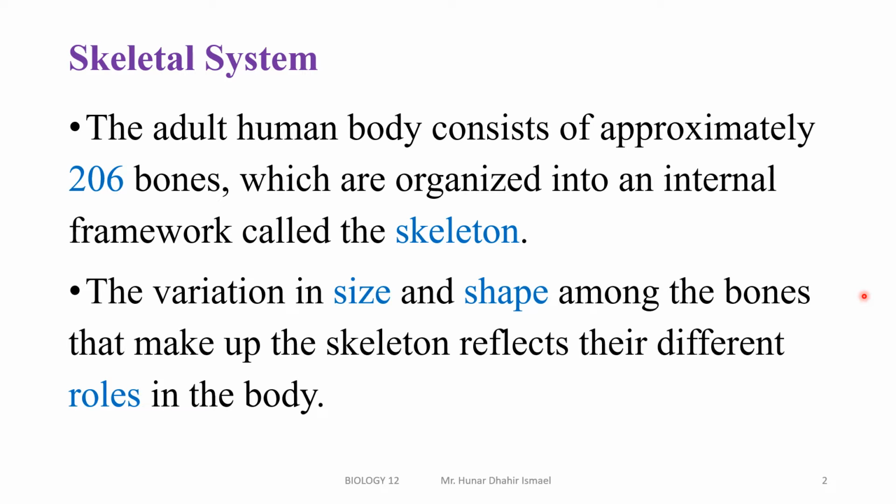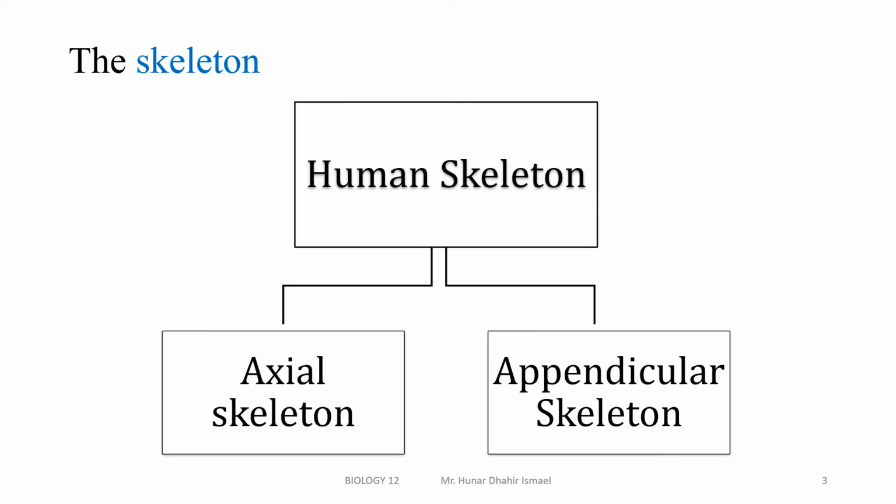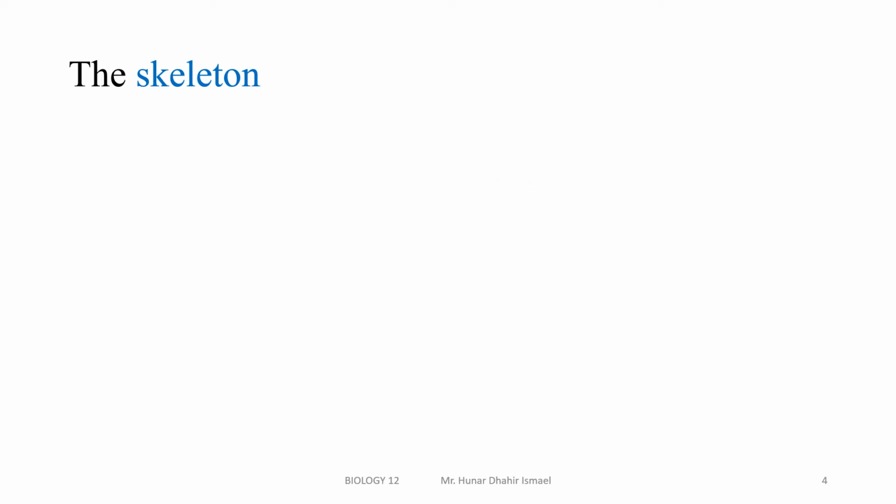The variation in size and shape among the bones, so we have different sizes and different shapes of bones that make up the skeleton, reflects their different roles in the body. So the size and shape reflect the function in the body. The human skeleton is made of two parts, which are the axial skeleton and the appendicular skeleton.